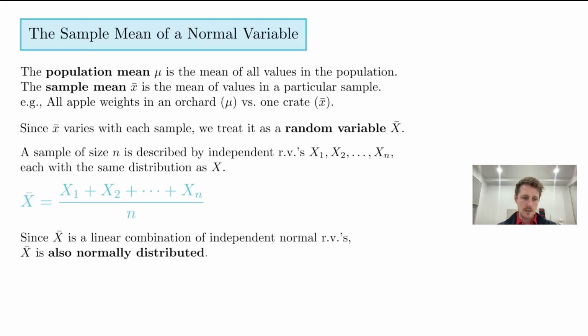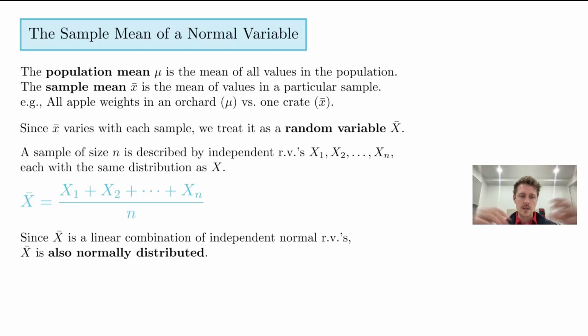Basically, a sample of size n is described by independent random variables x sub 1, x sub 2, all the way up to x sub n, each with the same distribution as x. Because you're selecting apples from your orchard, x sub 1, one of the apples' weights, will have the same distribution as the apple orchard more broadly.